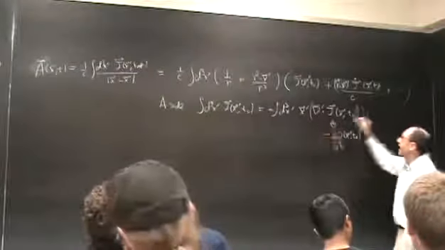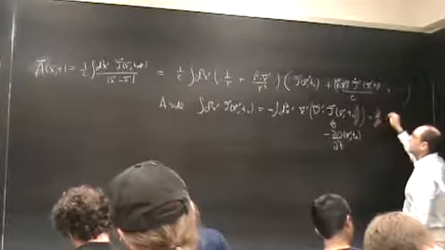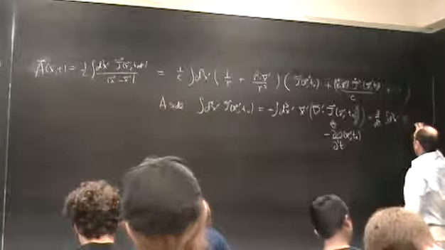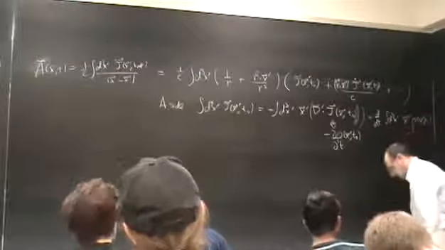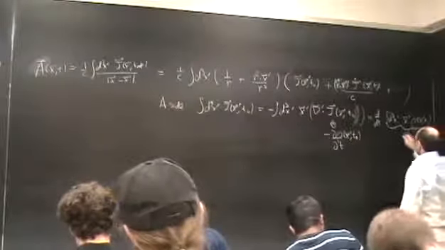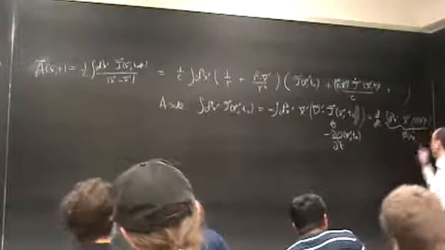So the minus signs cancel, and this becomes the derivative with respect to t of the integral of x prime rho(x prime) at t naught, which is equal to the electric dipole moment at t naught.